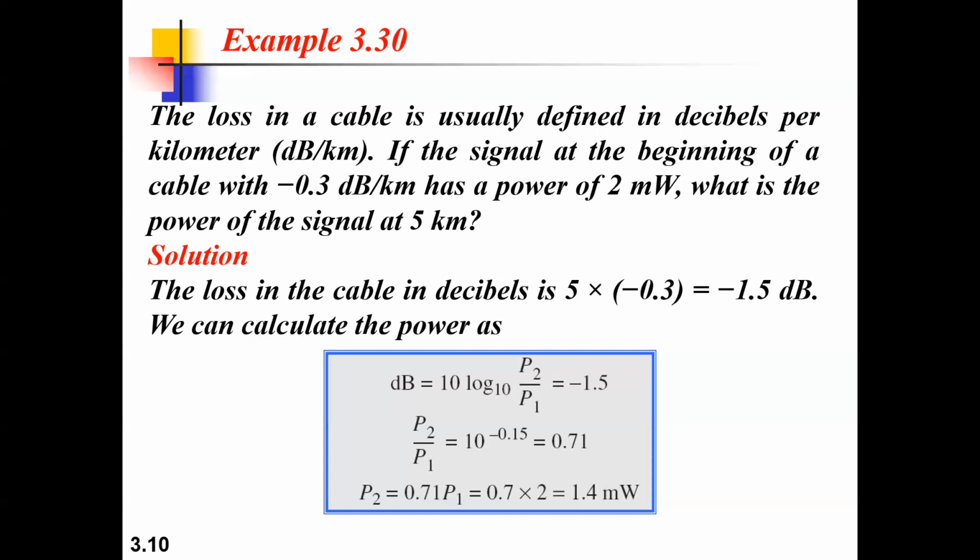So decibels equal 10 log10 of P2 over P1, which means the decibel value is already given to you, which is negative 1.5. And therefore, using the base index form, P2 over P1 is equal to 10 to the power, because 10 is already being divided here.